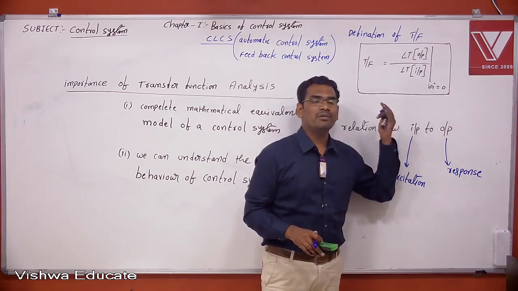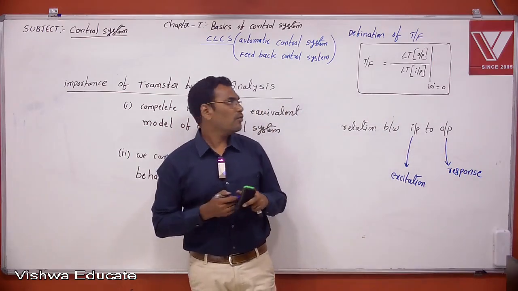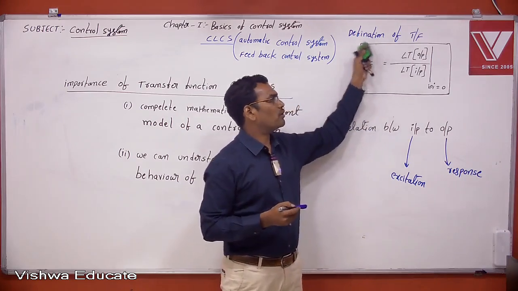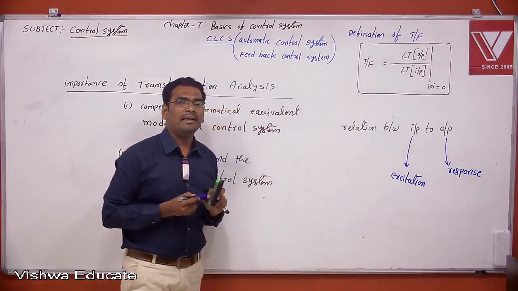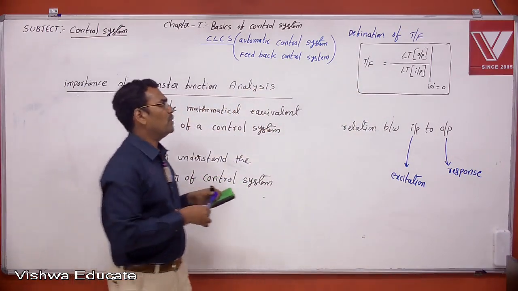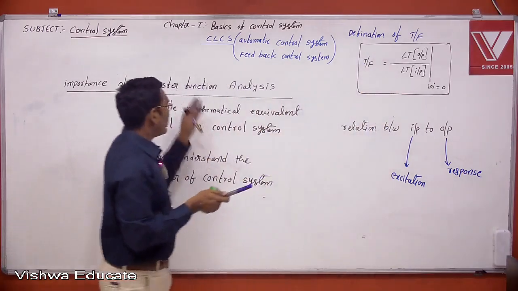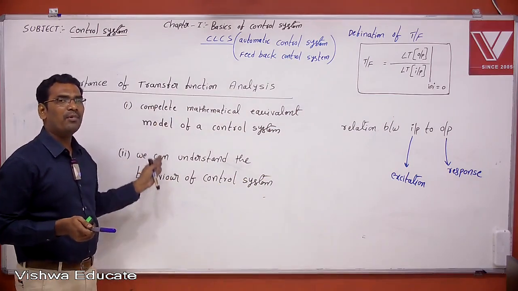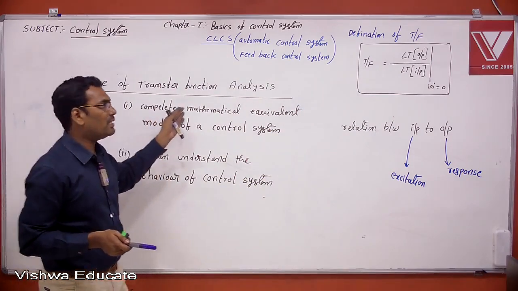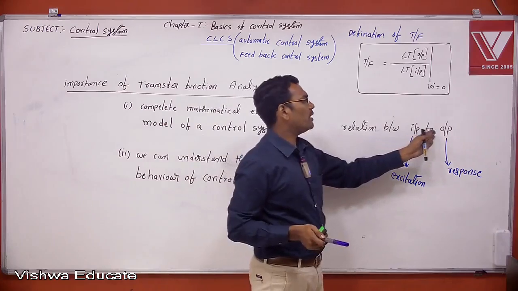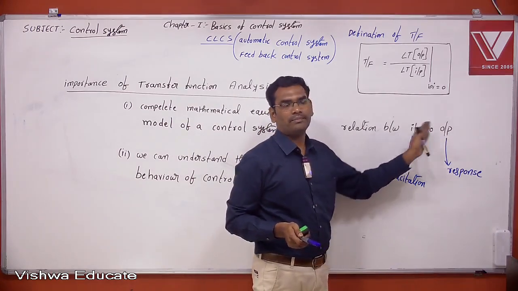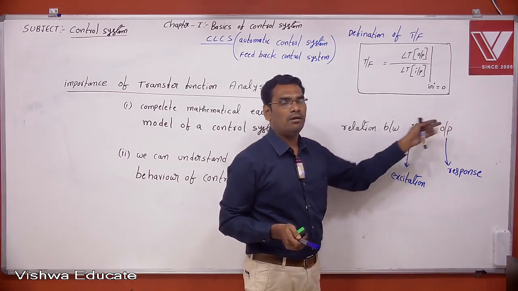Based on the response, you want to see its behavior, and the complete mathematical analysis of the control system, which is given by the transfer function. The transfer function is so important and plays an important role, because it deals with the relation between input and output.